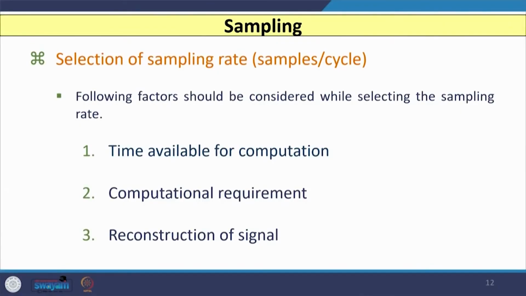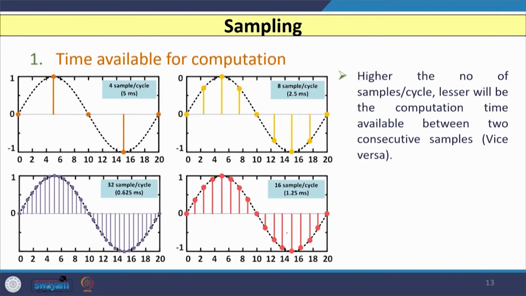Whether we go for 6 samples in one cycle, or 12, or 20, or 40 samples in a cycle, that is decided by these three important factors. These factors are: first, time available for computation; second, the computational requirement; and third, the reconstruction of signal.